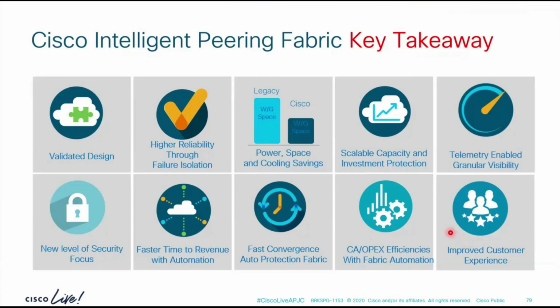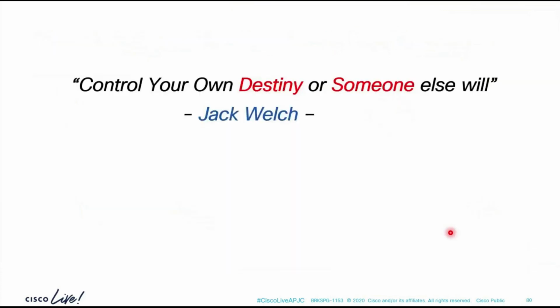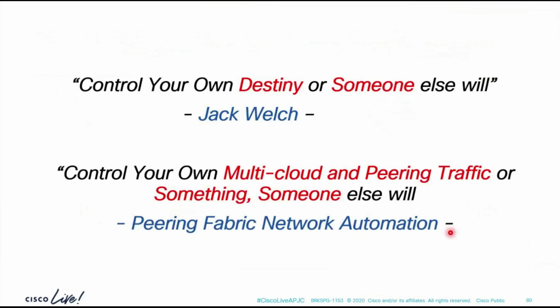I would like to quote Jack Welch, I think it's very good: control your own destiny, or someone else will. In our case, control your own multi-cloud and peering traffic, or someone else will. That's from the Peering Fabric network automation.